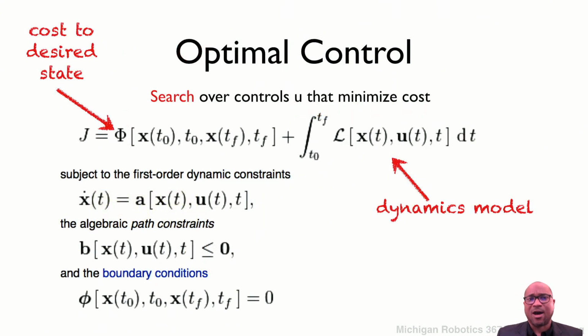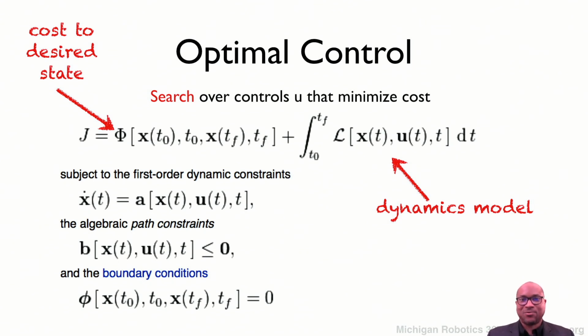Another approach is to think about optimal control. The same way that our path planner searched over waypoints in order to get from a current location to a desired location, you can do the same thing that includes a model of the dynamics explicitly. If we have a cost function and a model of the dynamics, we can explicitly search over possibilities, instead of just saying I have an epsilon hop from one location to another.